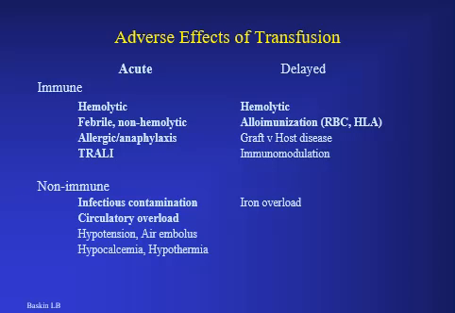I list those here, and I've highlighted the ones that are more commonly seen, even though most of those aren't very common, and the ones that are really significant: the acute hemolytic, febrile non-hemolytic, allergic, transfusion-related acute lung injury or TRALI, delayed hemolytic, delayed alloimmunization, which could lead to another one at a future transfusion, the acute non-immune or infectious contamination, and circulatory overload.